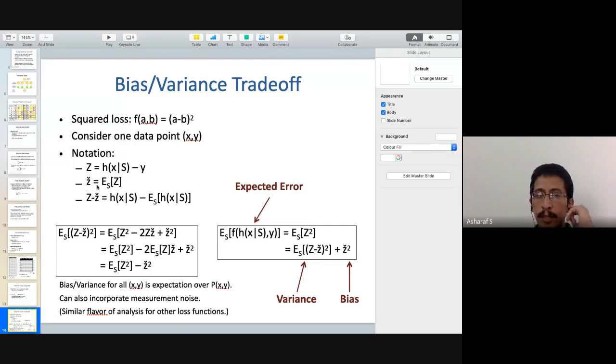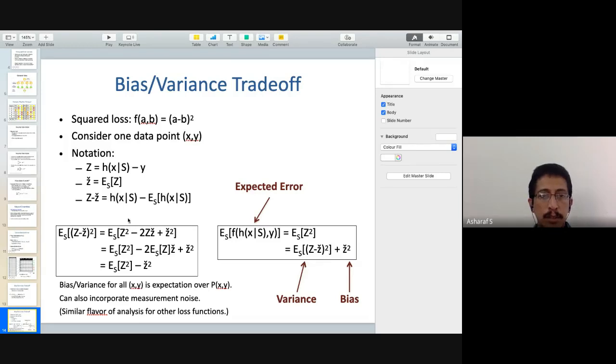Then you can find the difference between the expected error and the actual error. So what is this expectation? You can just substitute the value here.